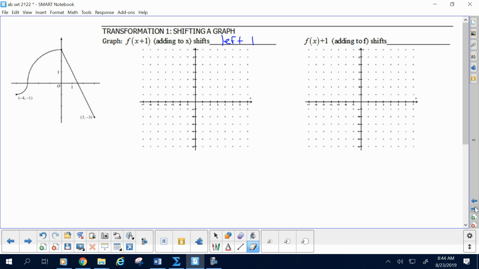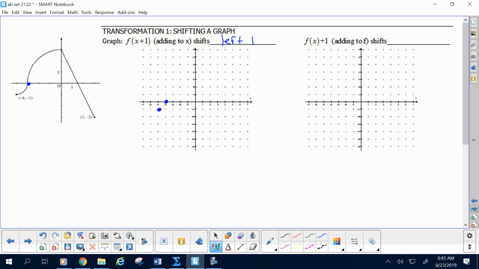Okay, so it's left, which means that first point on the far left. What's the far left point? -5, -1, yes? What about this point where the x-intercept happens? Instead of being at -3, 0, now it'll be at -4, 0.